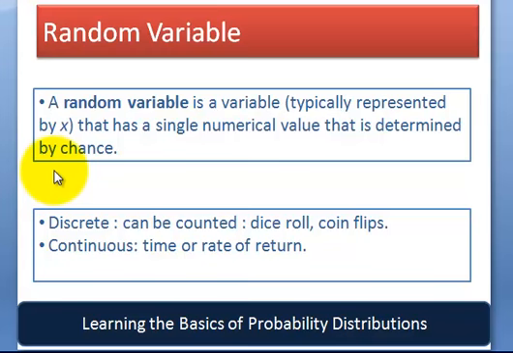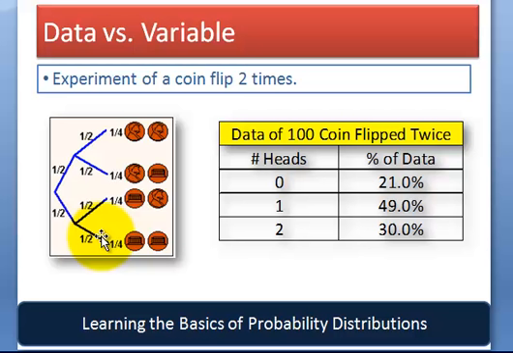So let's talk about the difference between data versus a variable, because sometimes this might come in handy. So data might be, let's think of an example, an experiment where we flip a coin 2 times. So if you think about flipping a coin 2 times, we've got 4 possible outcomes. We could get 2 heads, probability that's 1/4. We could get 2 tails, probability that's 1/4. We could get a heads on the first one and a tails on the second, and a tails on the first and a heads on the second.